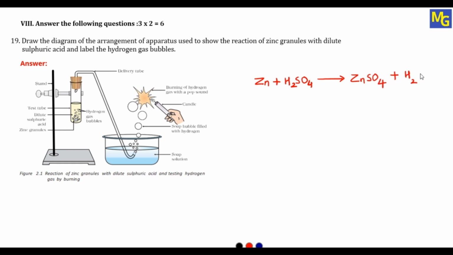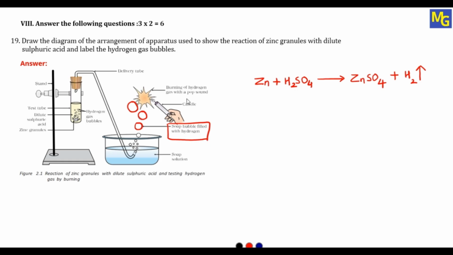So H2 hydrogen gas is liberated, and this liberated hydrogen gas will form these bubbles which you can see here. So this is only what we have to label. So this is your answer.